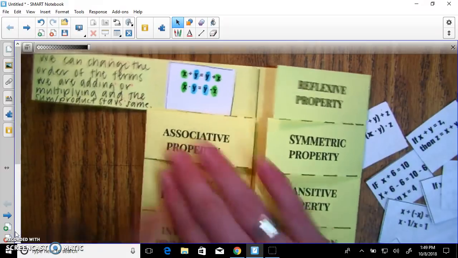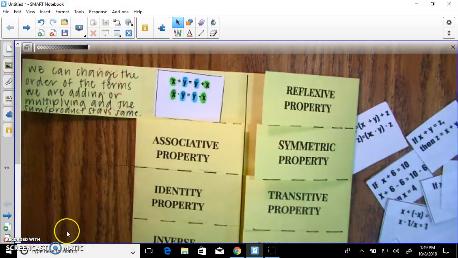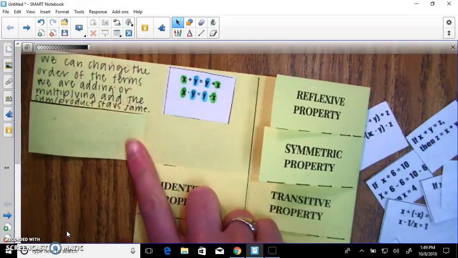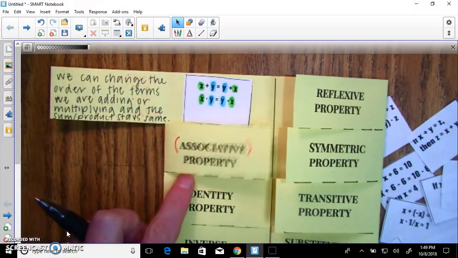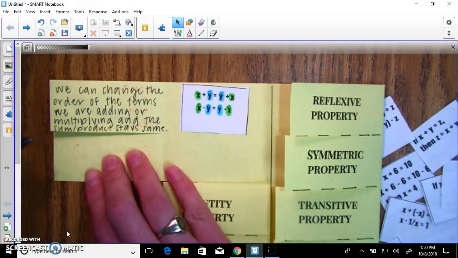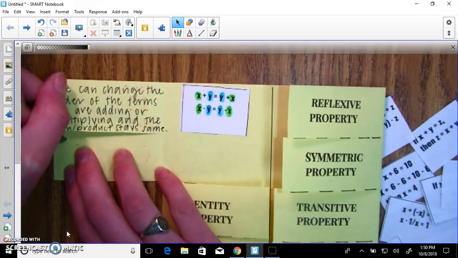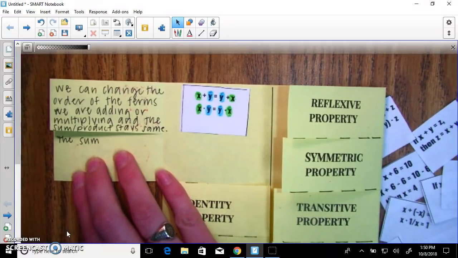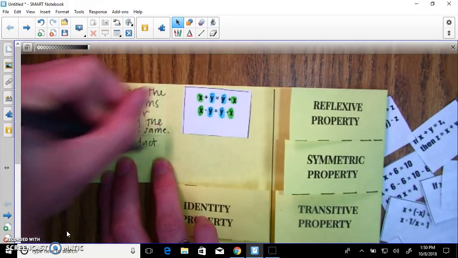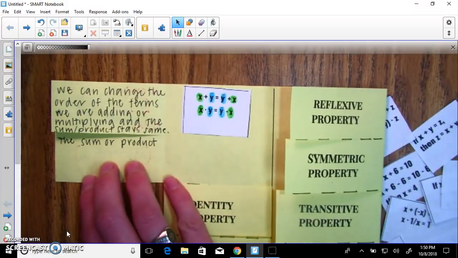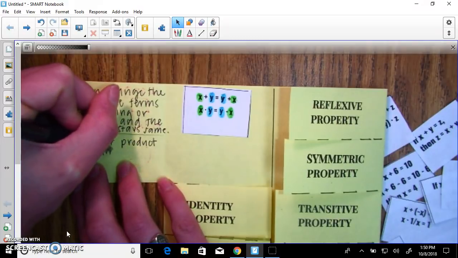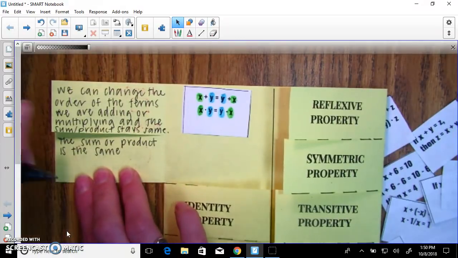Now let's move on to the associative property. Hopefully we remember when we talk about the associative property, something that we should be looking for is parentheses. Now it doesn't mean that everything with parentheses is always the associative property, but in order for it to be associative, it has to have parentheses. And it just says this. The associative property says that the sum or product, so we're talking about addition or multiplication, is the same regardless of the grouping.